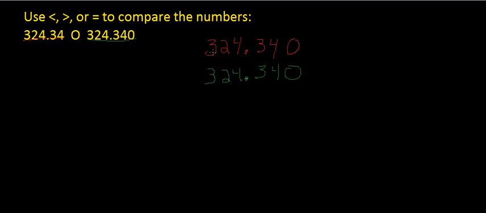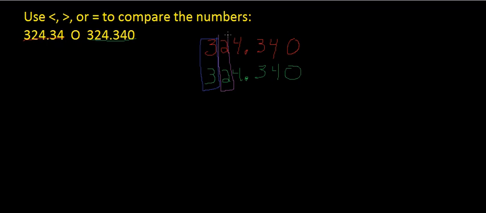So now we're going to take a look at the furthest to the left place value, compare those two numbers, and if we see one that's greater, then we can stop. Okay, so let's take a look at the hundreds. We have 3 and 3, so those are equal, so we'll move on. Let's take a look at the tens.